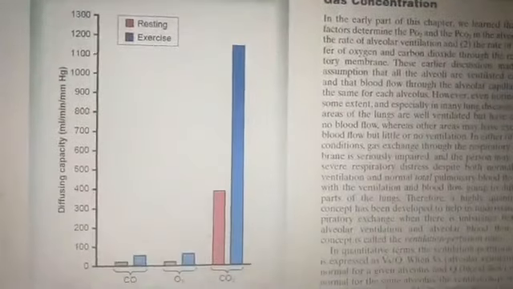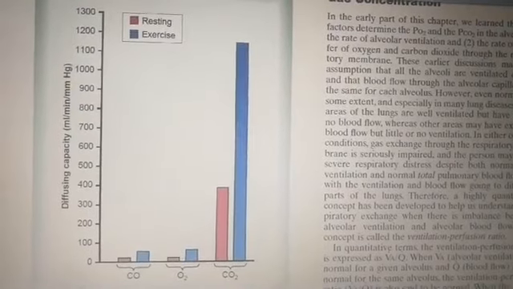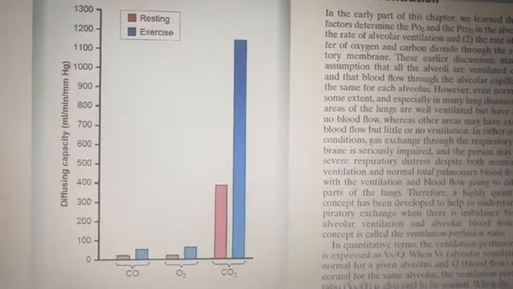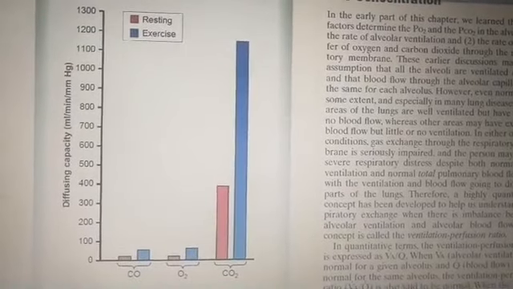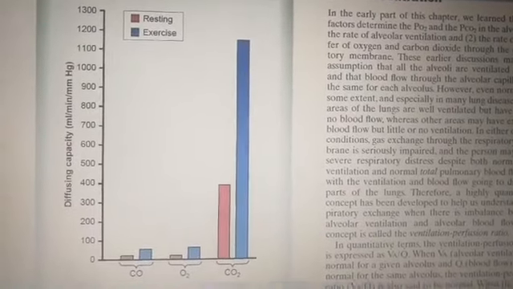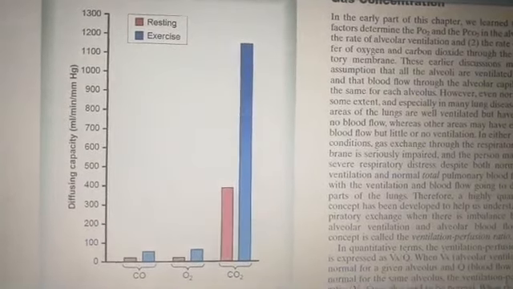You can see here, in case of carbon dioxide, at rest 400 in red and about 1200 in blue. But these changes are very little in case of oxygen and carbon monoxide.